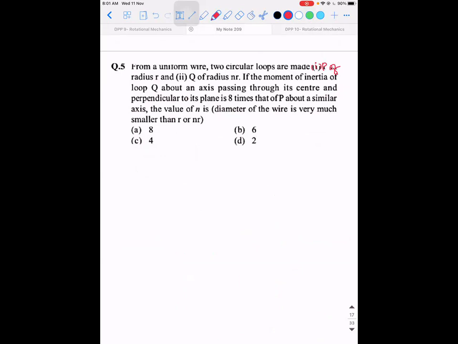So how to proceed with this? You guys tell me how to proceed. There is a uniform wire taken and it is converted into the form of a circular loop.